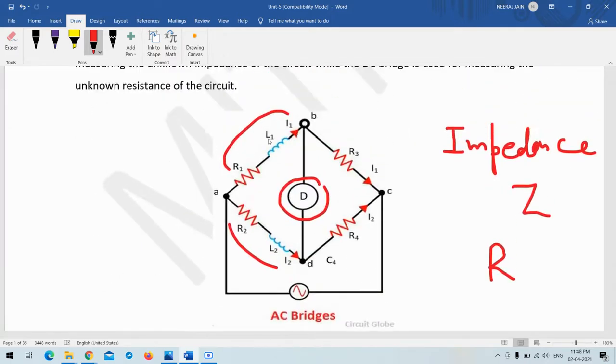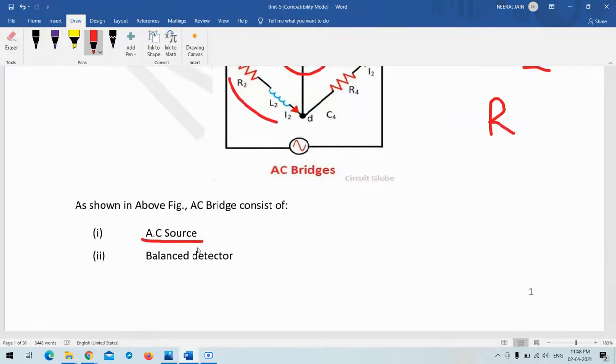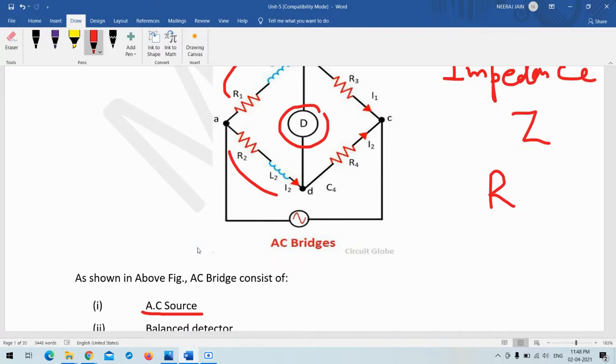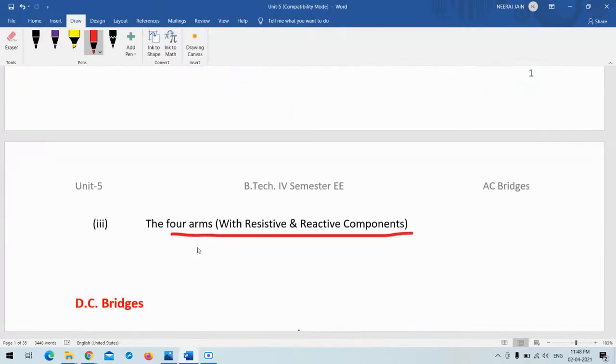AB, AD, BC and CD are the four arms, in which two arms have reactive components and two arms have resistive components. That is the basic structure of the AC bridge.